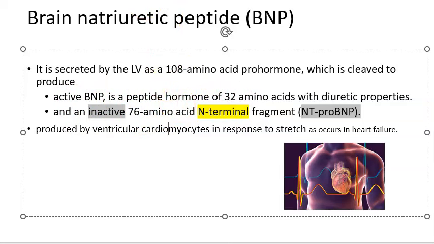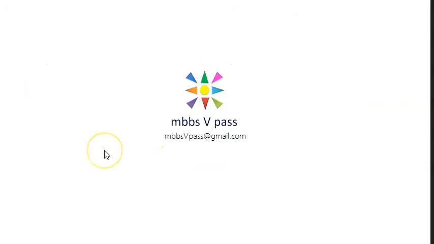So basically in the lab test now, mainly they are detecting this N-terminal fragment. Even this active one you can detect, both they can detect. Mainly the N-terminal one, that is the pro-BNP, inactive, this one only they are trying to detect in the blood tests. So whenever the cardiomyocytes stretch, like in heart failure, or if there is some LV dysfunction, that time only this will be elevated.